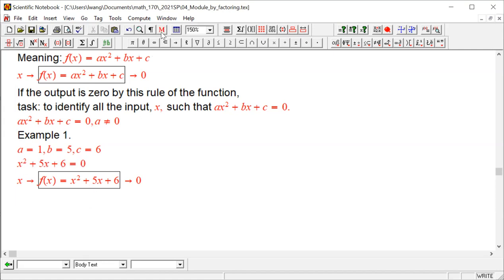To read this equation, the proper language would be: if this is equal to 0, then find all possible solutions.